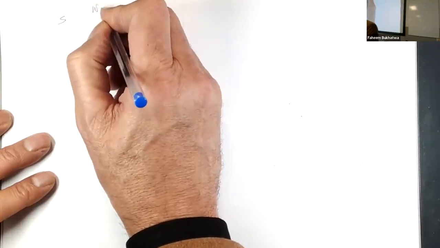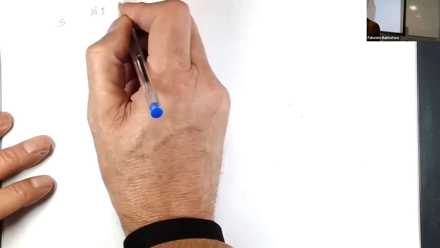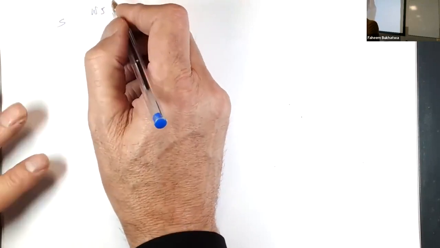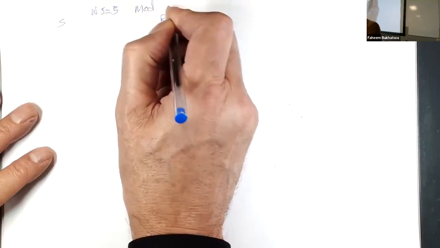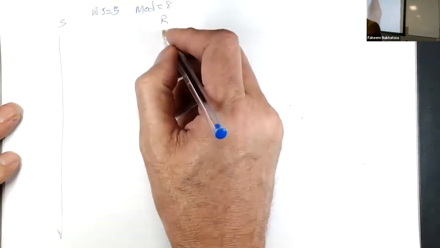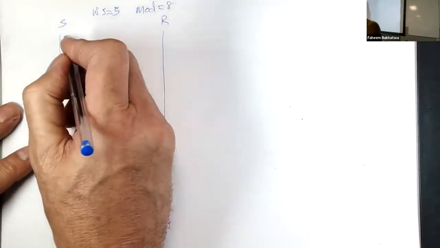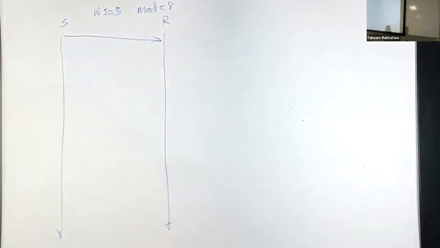Shall we change the window size? Let's go for window size 5, modulo 8. We start right at the beginning. What frames will the sender send?